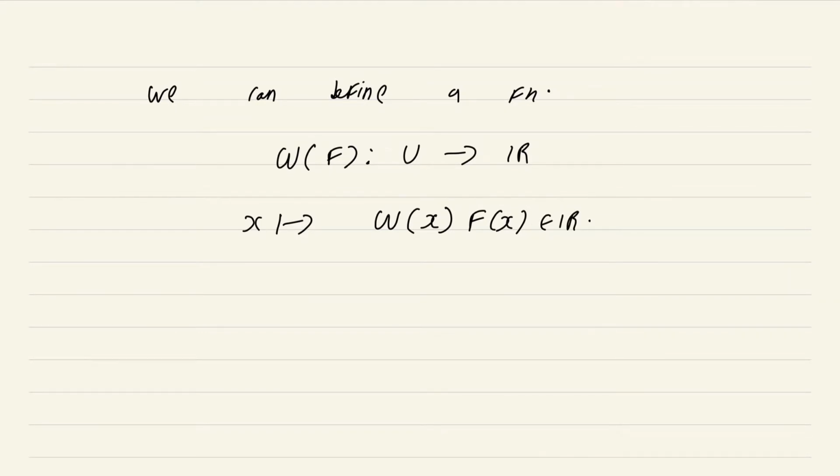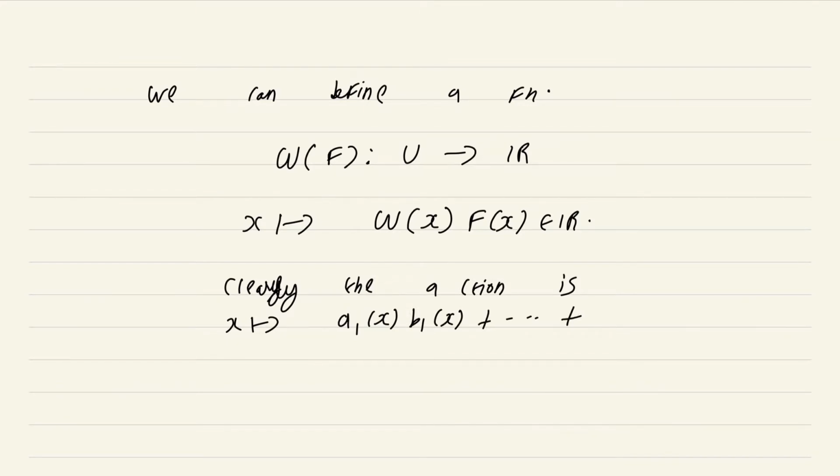And clearly if omega of x is a1(x) dx1 plus ... plus an(x) dxn, then the action in our scenario is x going to a1(x) b1(x) plus ... plus an(x) bn(x).